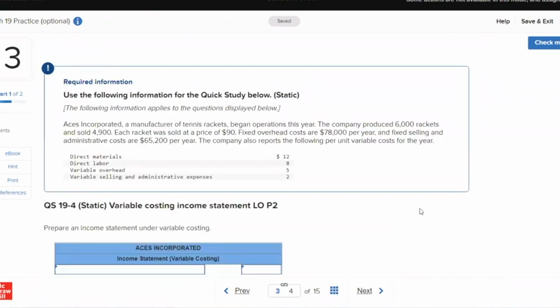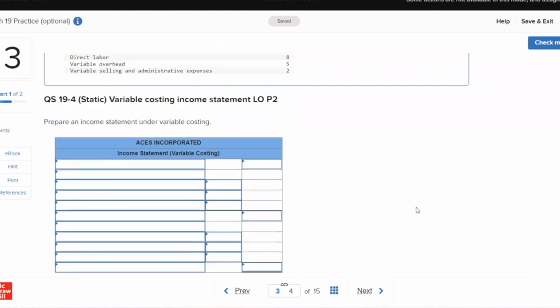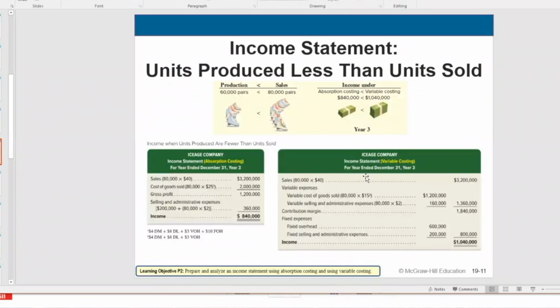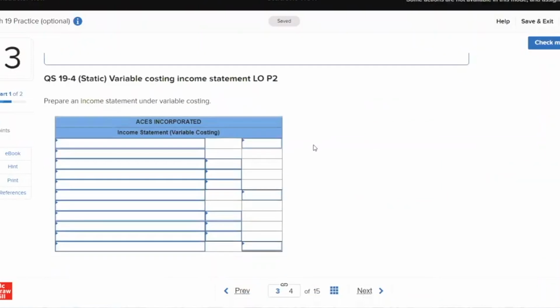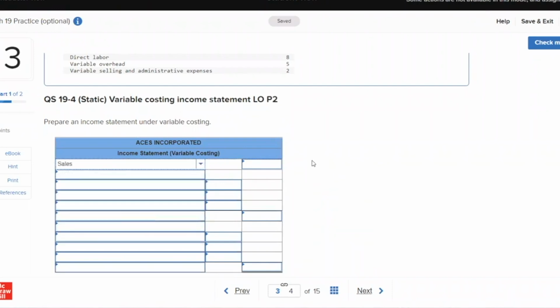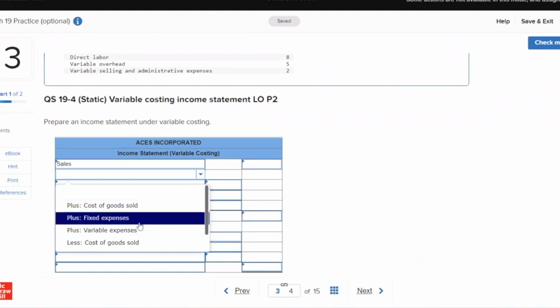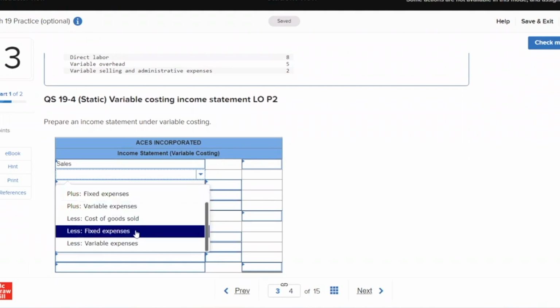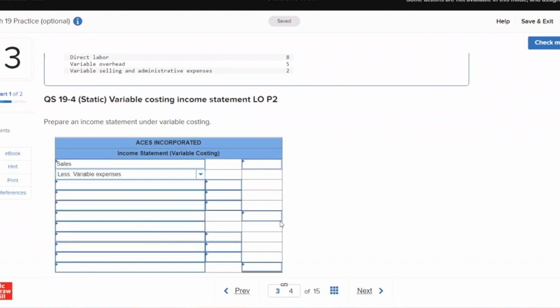Now, the variable costing income statement is just like the slides, those three slides. Here's a variable costing income statement. Here's an absorption costing income statement. We can quickly blow through both if you want. We always start, of course, with sales, and then less variable expenses.